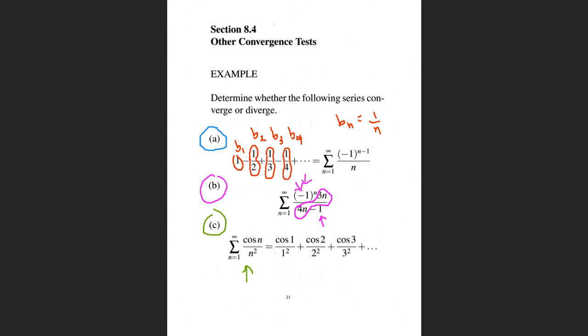And naturally, we would want our calculators in radian mode when we compute the terms, but they're the first three terms. Is this series an alternating series?